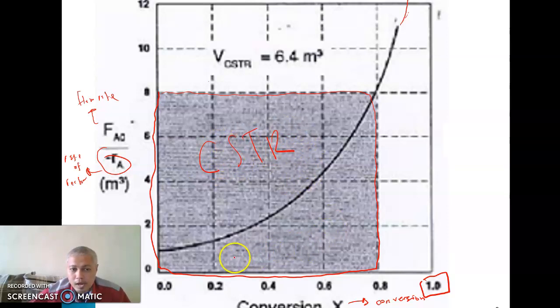So if we are approaching 1 and the rate of reaction approaches 0, we cannot have a finite volume of the CSTR, because this depends on this curve. In other words, I need to expand this graph.